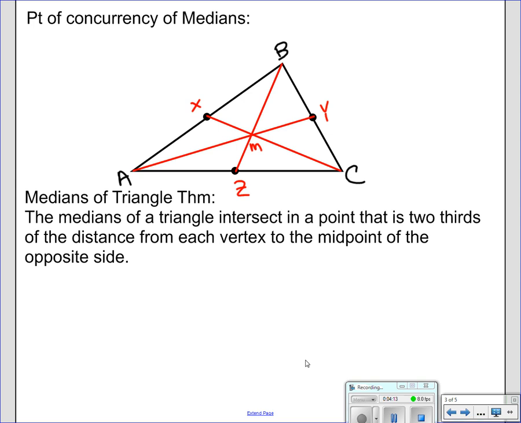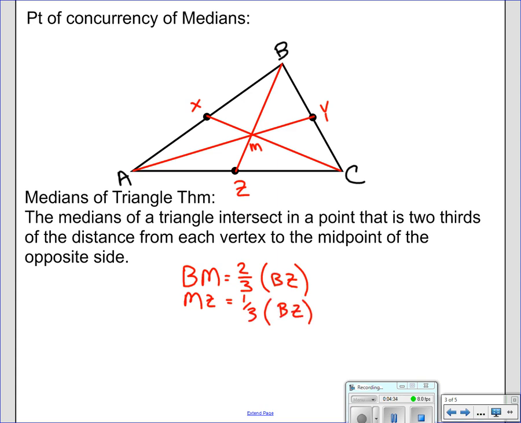So that means that BM is 2/3 of the whole segment BZ, and MZ is 1/3 of BZ.